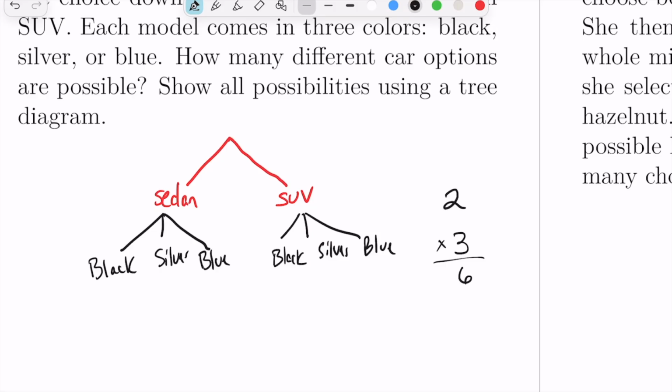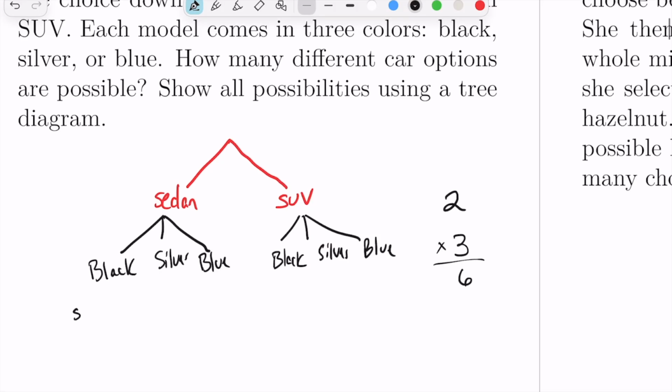If you were to follow each of these paths, you could get a sedan black car, or a sedan silver car, or a sedan blue car. I'll use L for blue. Or you could get an SUV, which I'm going to use V, V black, VS, or VL. So those are all 6 possibilities.